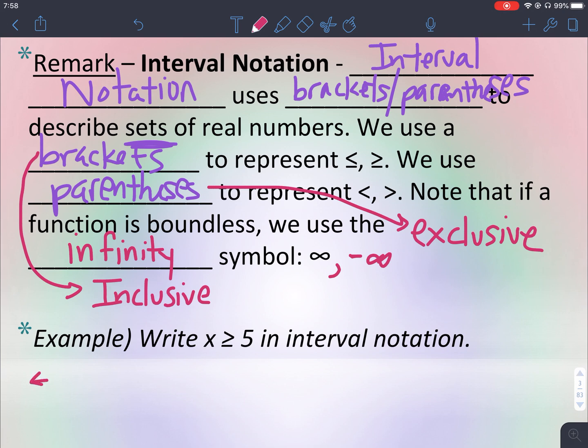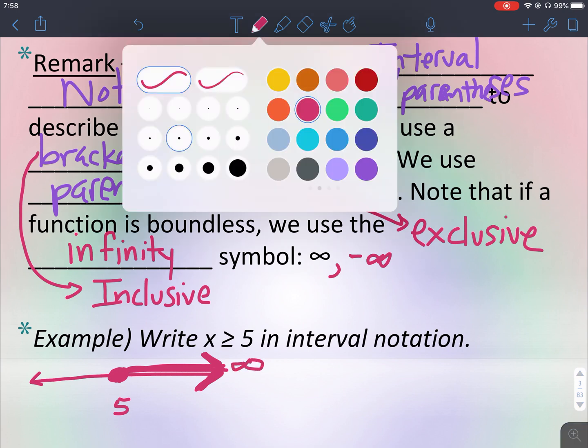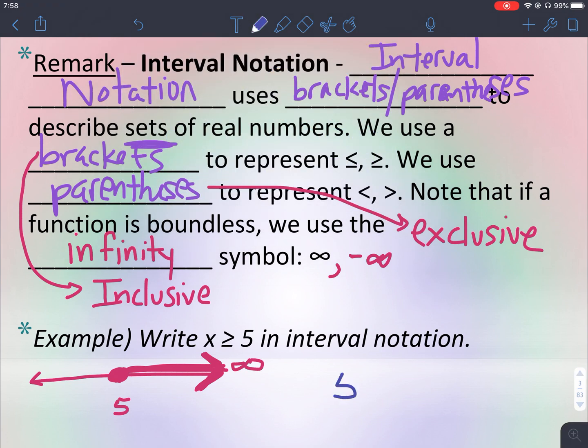Well, on a number line, we would draw a closed circle, and then it's greater than or equal to, meaning it goes on forever, to the right, all the way to positive infinity. So how do we describe this with interval notation? It's going to start at 5, and 5 is included in the solution set. So let's use a bracket. And then comma, infinity, because it goes all the way up to positive infinity.